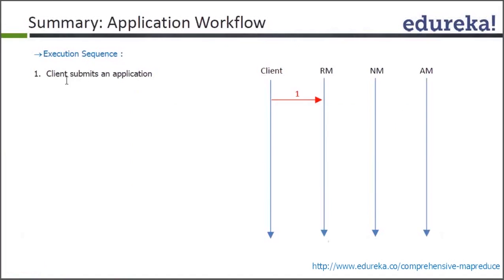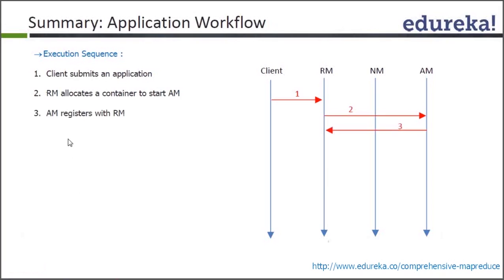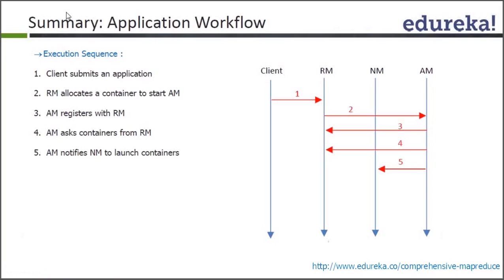So the sequence is: the client submits an application to the resource manager. Then the resource manager allocates a container to start the application master. Clear, guys? Then the application master registers with the resource manager because he will have to talk to the resource manager for the resources. Then the application master asks for containers from the resource manager. Why? Because I know where the data is going to be, right?